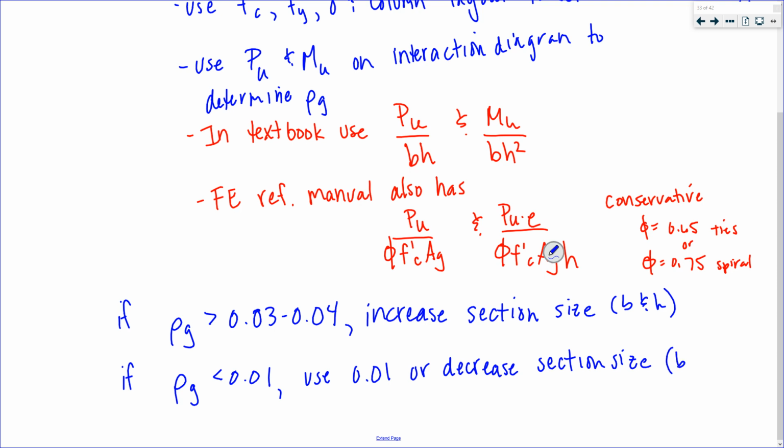If it's square, you only have one value. But keep in mind slenderness, right? If you decrease your section size, you're more likely to be slender.